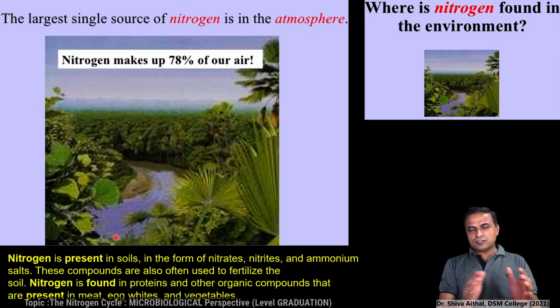So for the first few slides I would like to explain it in a question and answer form, through some questions which may be there in your mind, like where is nitrogen found in the environment, why this nitrogen needs to be transformed, how this nitrogen gets transformed.